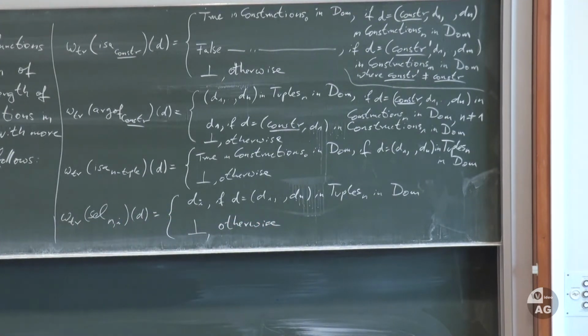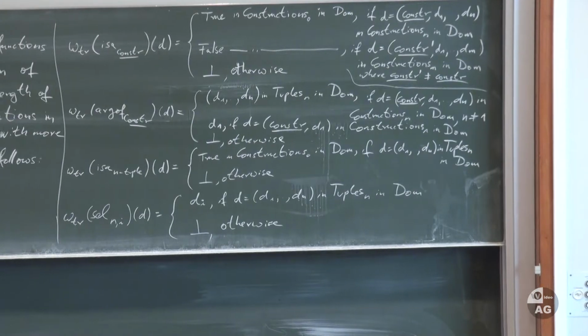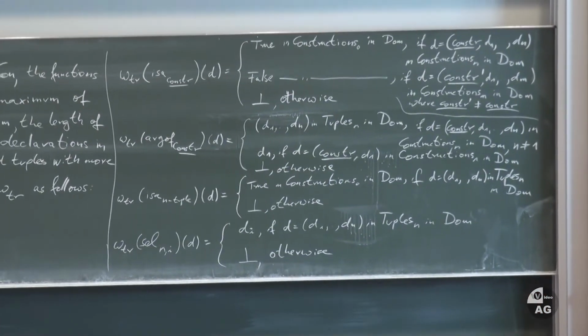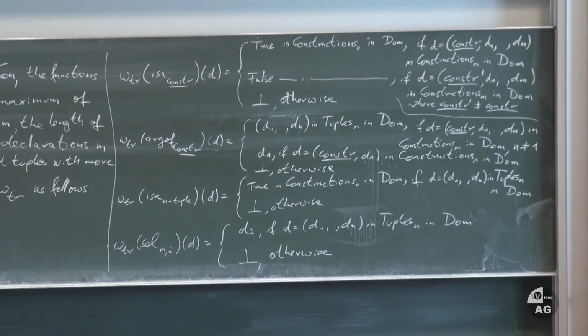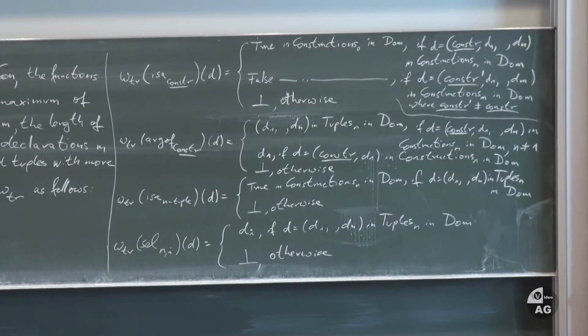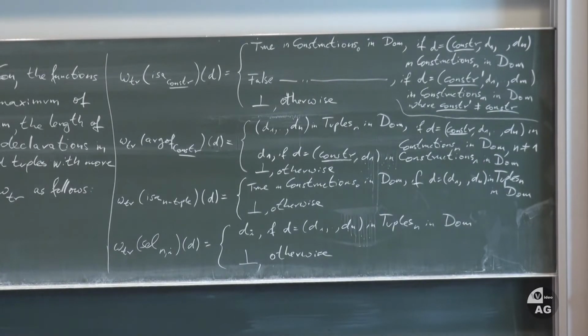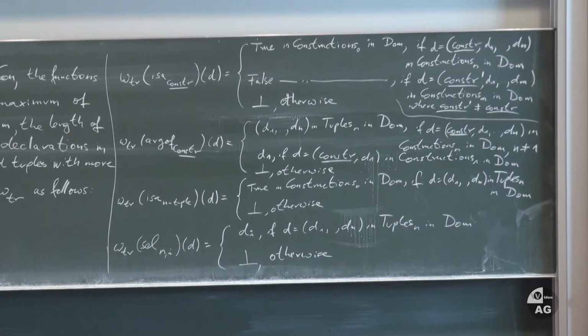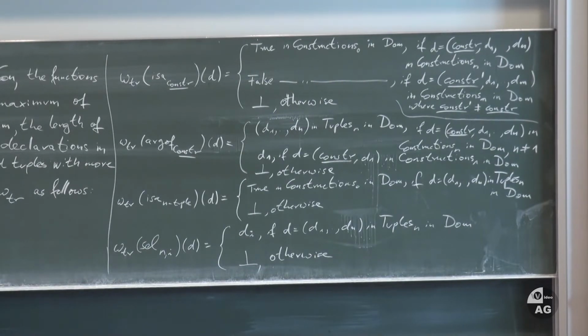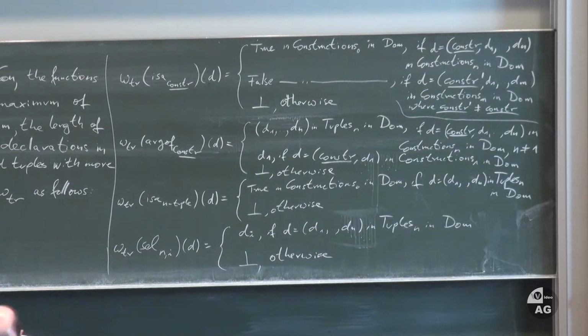So we now added these 5 kinds of predefined functions, and now we will start translating any complex Haskell program into an equivalent simple Haskell program. The simple Haskell program will not have any pattern matching anymore, but it may use these 5 predefined functions. And that's the goal.